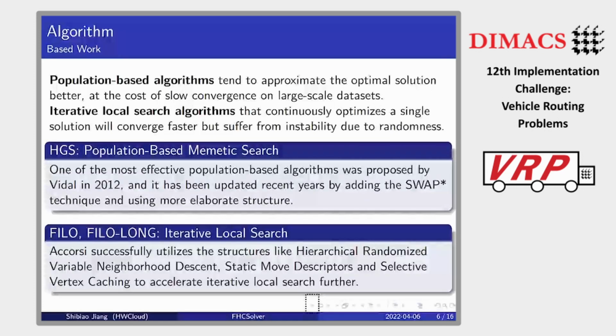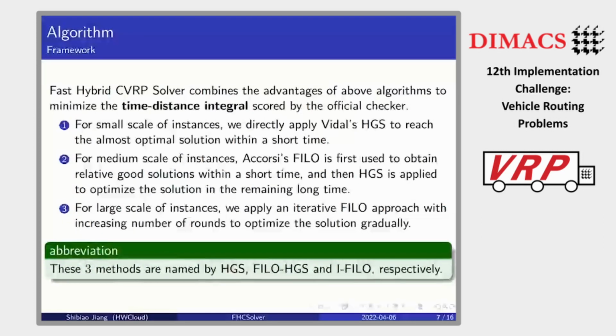Conversely, the iterative local search algorithms usually run much faster because they only optimize a single solution, but they are not stable. So, our fast hybrid CVRP solver wants to combine the advantages of the above algorithms to minimize the time-distance integral scored by the DIMACS challenge tracker.